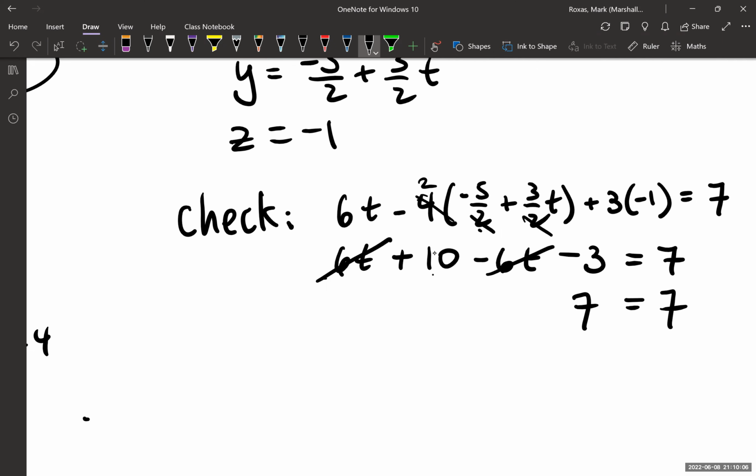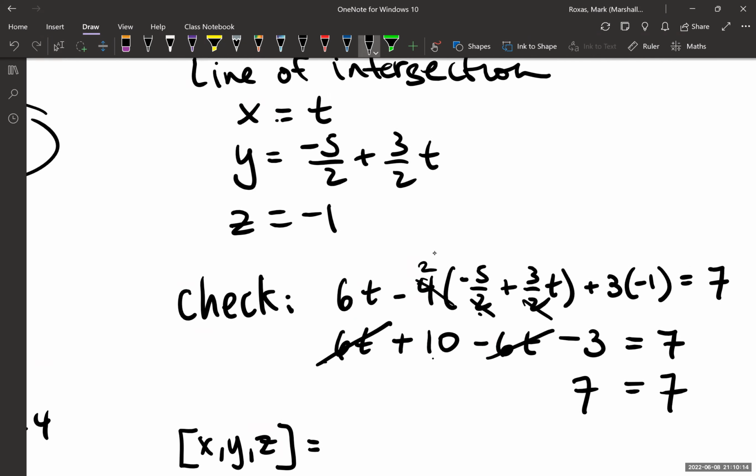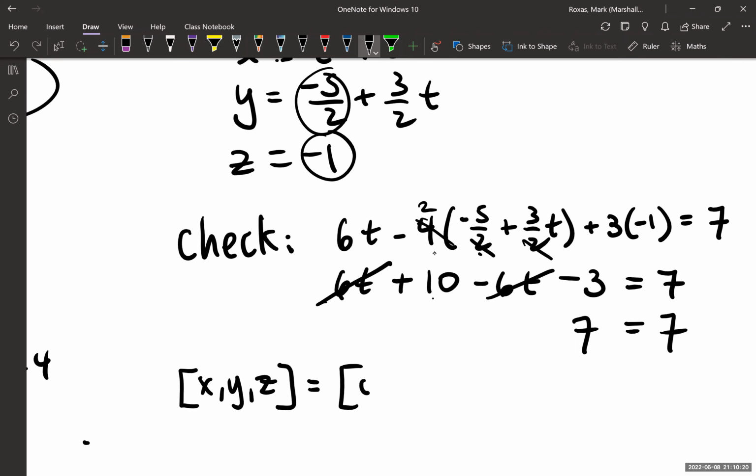And then if we're asked for the vector equation, then you just convert the parametric into a vector form. So here we have, for t, there's a constant of 0, we have the other constant, and we have the other constant. So that's going to be the starting point: 0, negative 5 over 2, and negative 1, plus my parameter t times the direction vector.